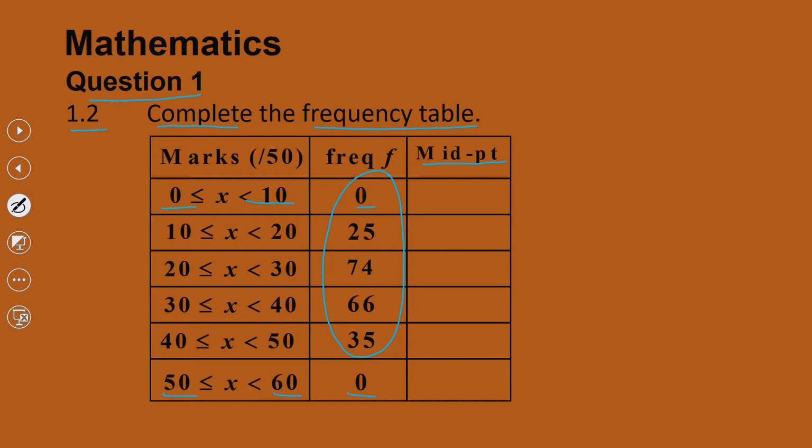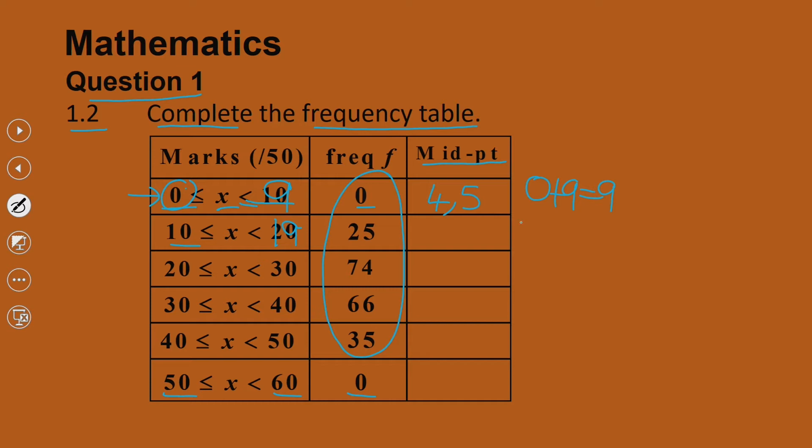First of all, let's look at the first part. We say x lies between 0 and 9 because of the less than. Now you can simply go and say 0 plus 9, that gives you 9, and then you divide it by 2, which gives you 4,5. And then the same one from 10 up to, yes, you have it, 19.